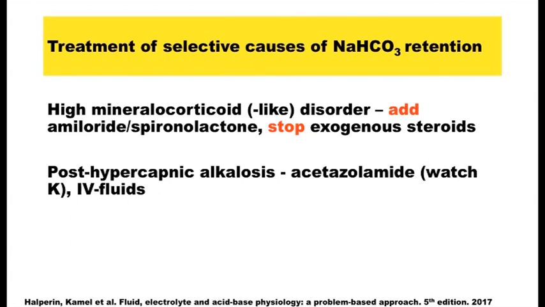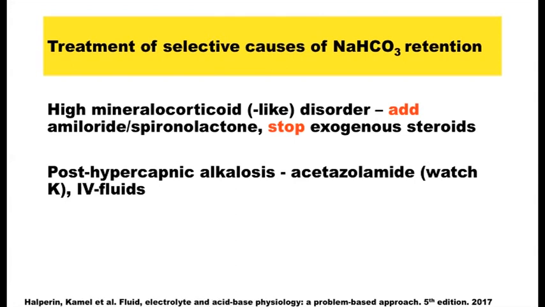So one needs to treat the hypokalemia. And another option that some have recommended is the use of acetazolamide in order to prevent sodium bicarbonate absorption, which is the mechanism for post-hypercapnic alkalosis, preventing the kidney's ability to absorb the sodium bicarbonate, inducing a metabolic acidosis, and then getting the patient extubated.